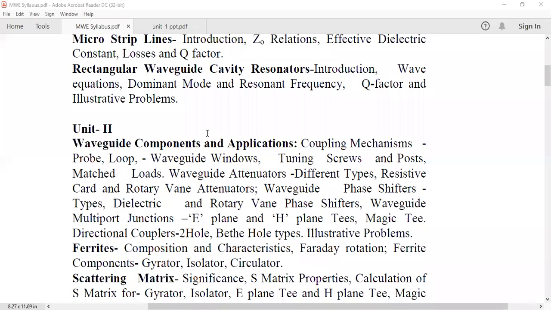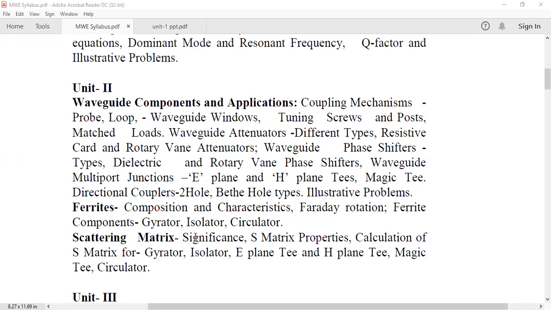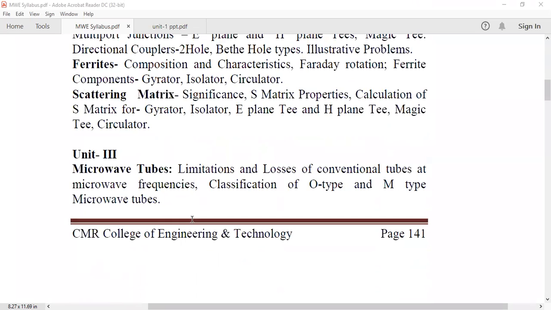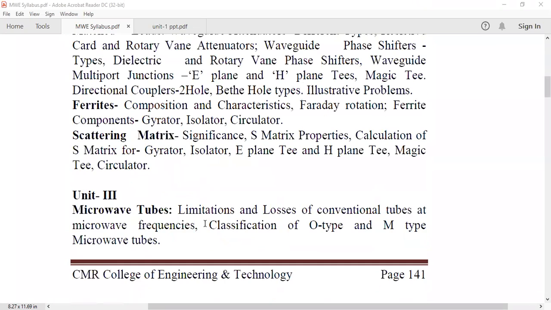These are the microwave components, unit number 2. There are also S parameters, which are very helpful to find the reflection coefficients. Then unit 3 and 4 are the microwave sources only.